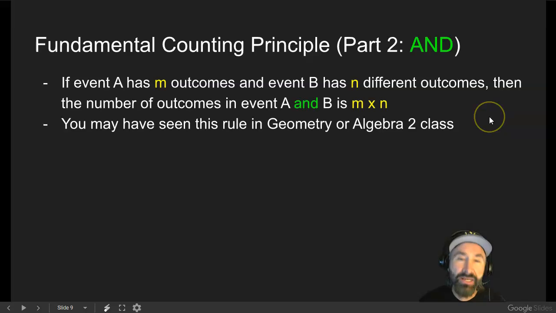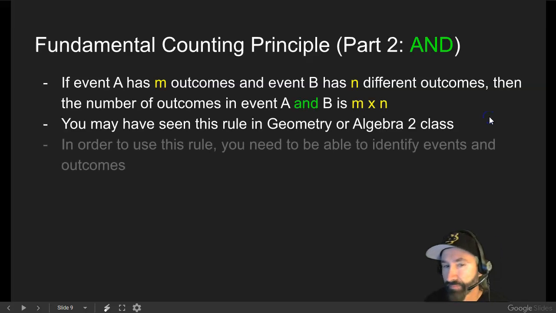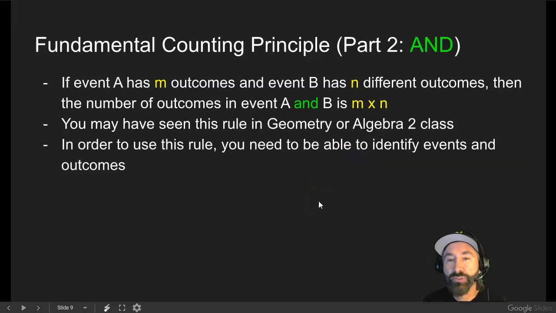It's possible that you may have seen this part of the rule, the fundamental counting principle, in your geometry or algebra 2 class. And I believe that you probably saw it if you took another class like FST or analysis. In order to use this rule, you're going to need to be able to identify events and outcomes.